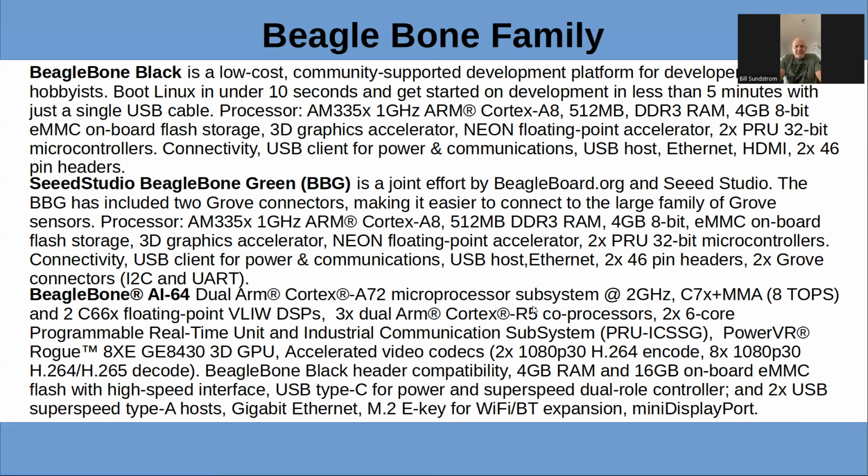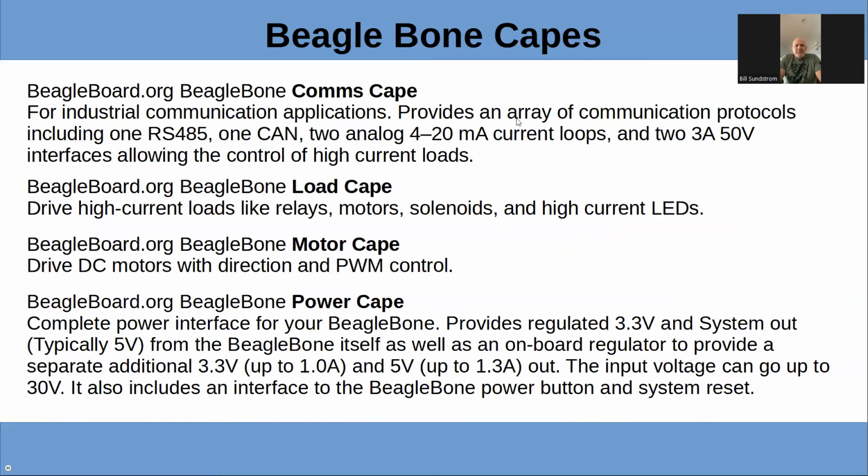The latest one, which I have not actually had, is this BeagleBone AI64, which is a dual processor. It looks like it's extremely powerful. And of course, they call their add-on board something else called Capes. That came from the Beagle, which is Peanuts.